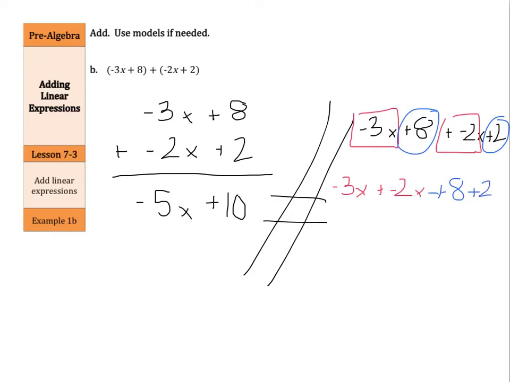Negative 3x plus negative 2x is negative 5x, and 8 plus 2 is plus 10. So either way you solve this, you'll get negative 5x plus 10. Some of us may prefer writing the common terms in columns, and some might prefer boxes and circles and regrouping. Either way will work. Learning both would be even better.